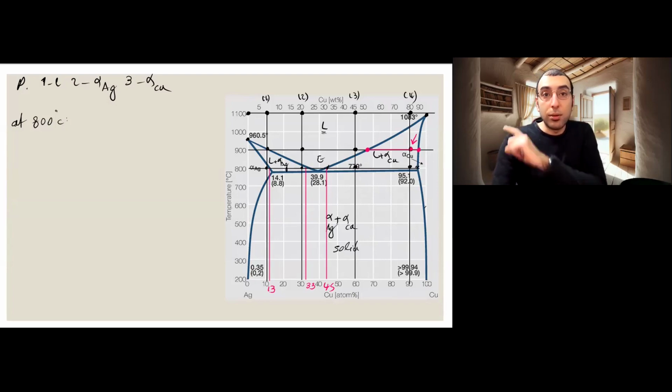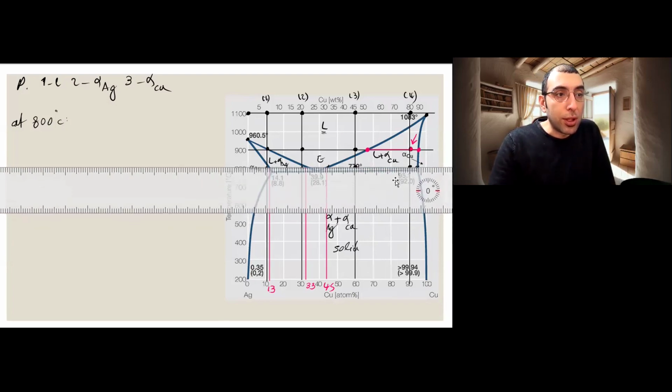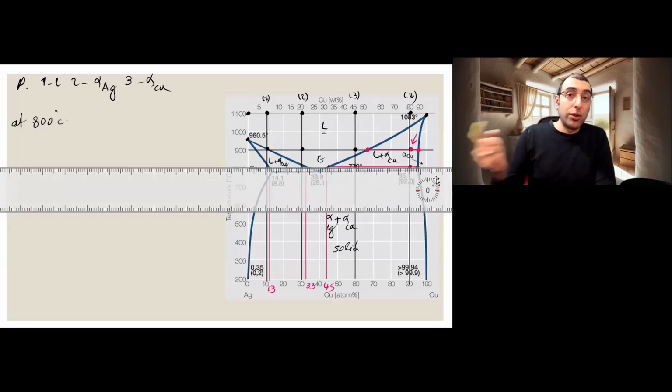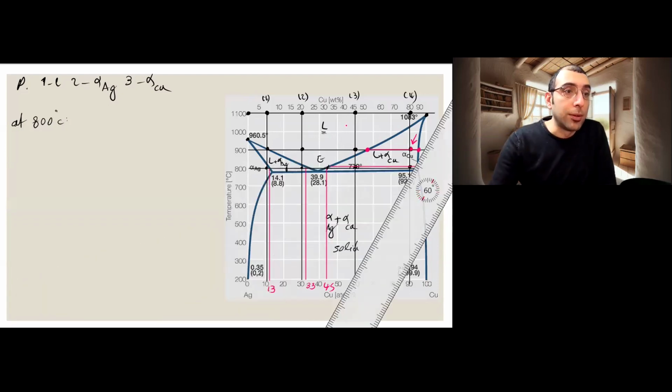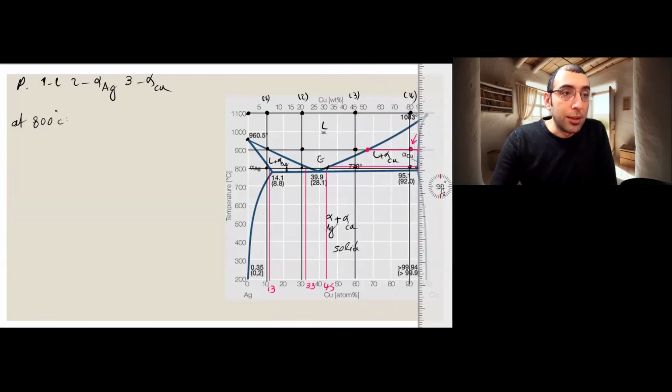What do we do again? Horizontal line, always horizontal line. So we do this horizontal line here until it crosses the left and right border. Then you have this line. Once it's hit it, what we do after the horizontal line, we drop it down. So we drop it down where it hits again.